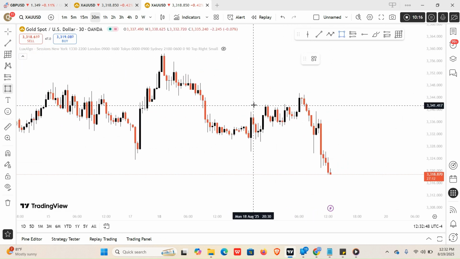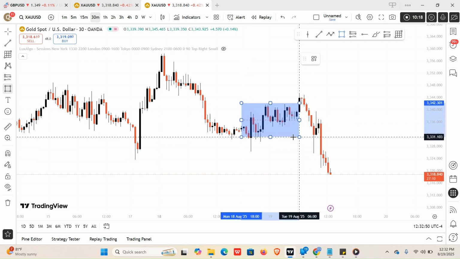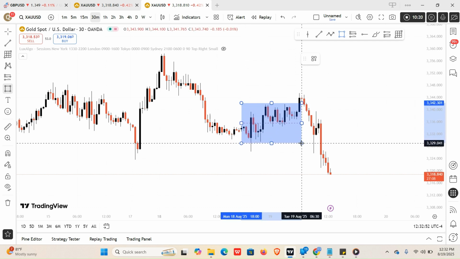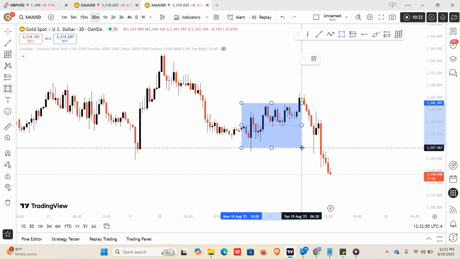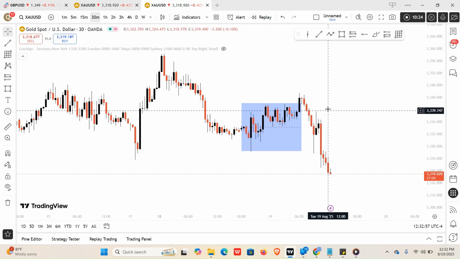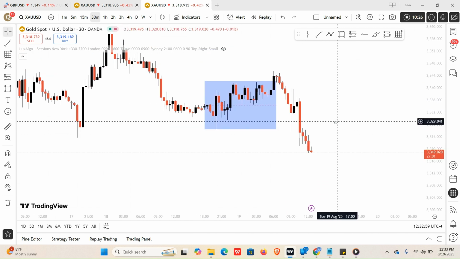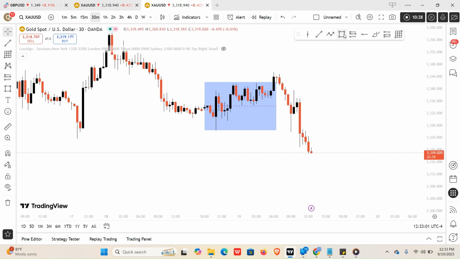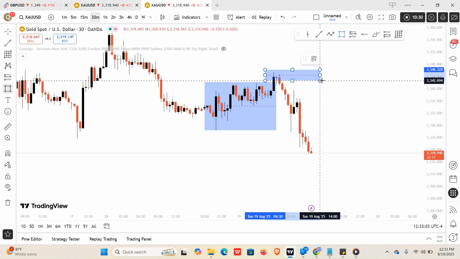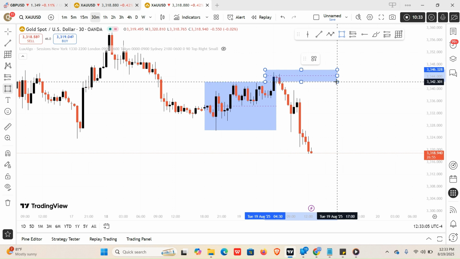Now this, I'd say, from here was our accumulation. Then we saw this bust out, which clearly says manipulation.